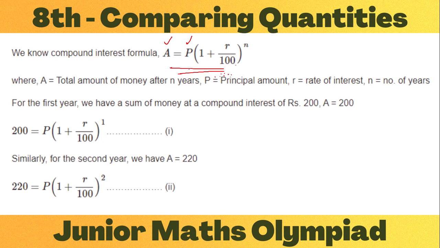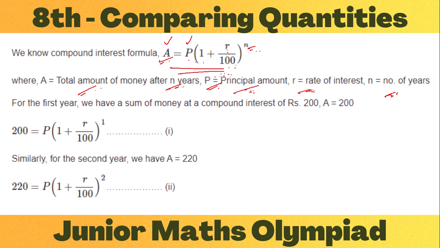So the formula for compound interest is A equal to P into 1 plus R by 100 whole power N, where A stands for total amount including interest after the given number of years, P stands for principal amount without interest, R stands for rate of interest at which they are charging, and N stands for number of years.